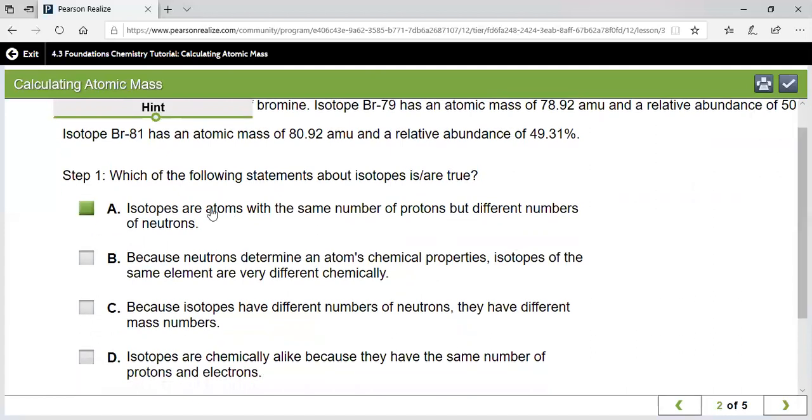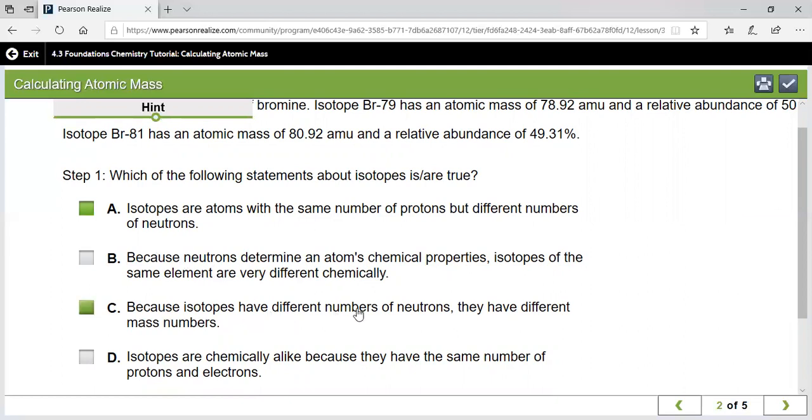In the beginning, isotopes are atoms with the same number of protons but different number of neutrons. That's exactly true. Next, neutrons determine the atom's chemical properties, so isotopes of the same element differ chemically. No, first of all because protons, not neutrons, determine that, and they are not different chemically, so that's not true.